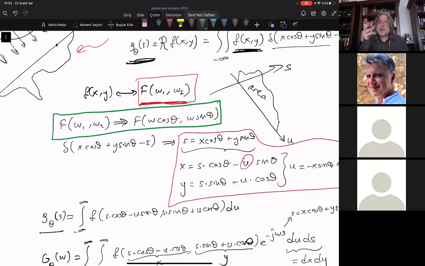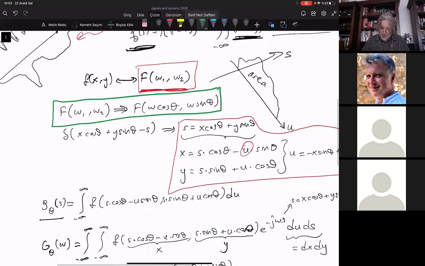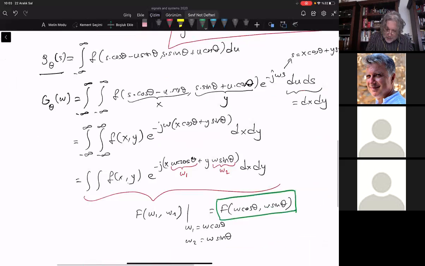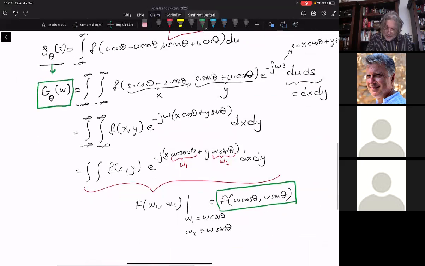So what was f of omega 1, omega 2? It was the Fourier transform of f of xy. And meanwhile, I took the Fourier transform of g theta of s and obtained g theta of omega. You see that g theta of omega is also equal to this.